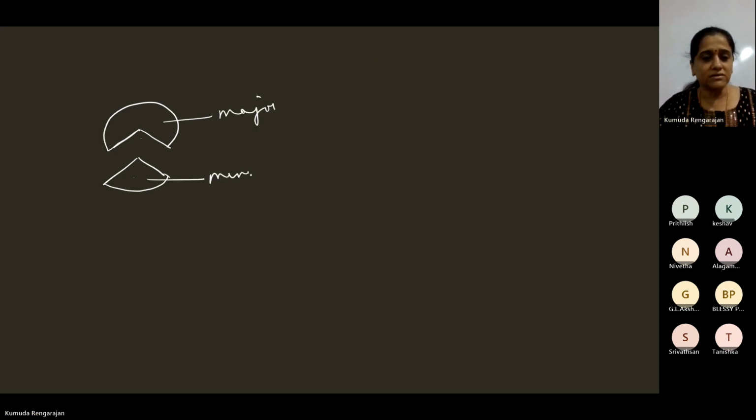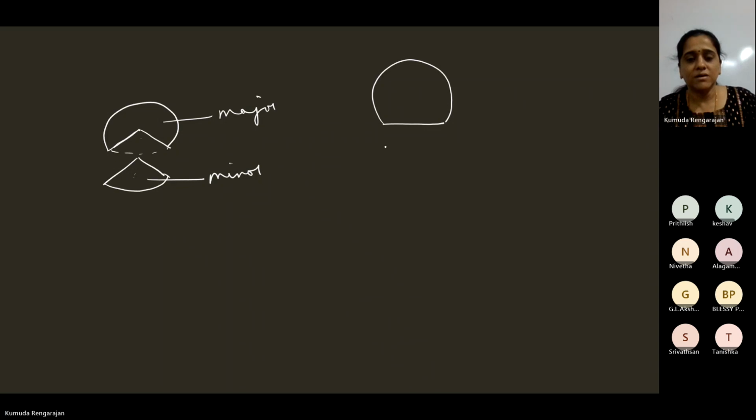If you fix this piece here, it will become this major sector and the minor sector. If you put them together, that will make the full circle, right? In the same way, the major segment plus the minor segment, if you fix them together, that will be the full circle.